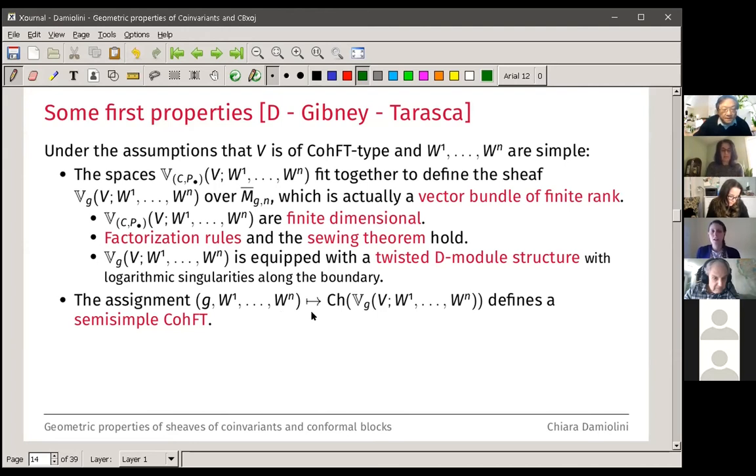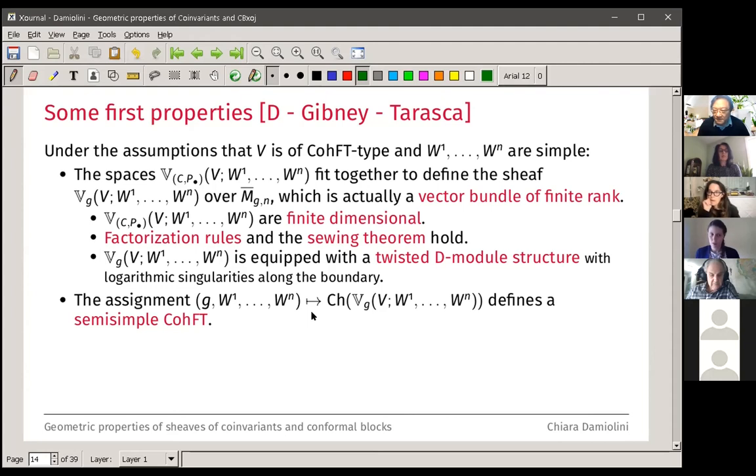And actually, this CohFT really comes from the underlying topological quantum field theory. Is it possible that, because a cohomology field theory will give us a topological field theory, this corresponds to the three-dimensional topological field theory?